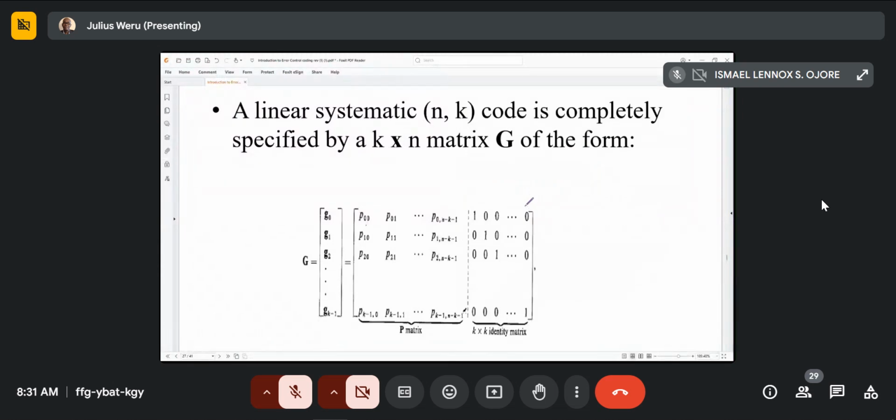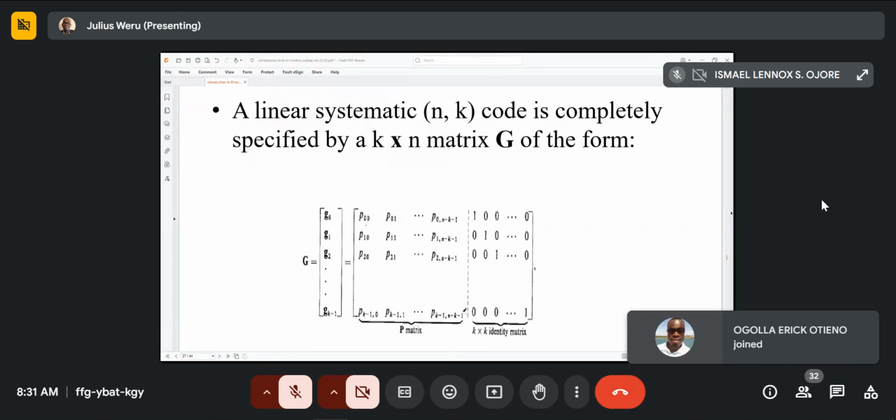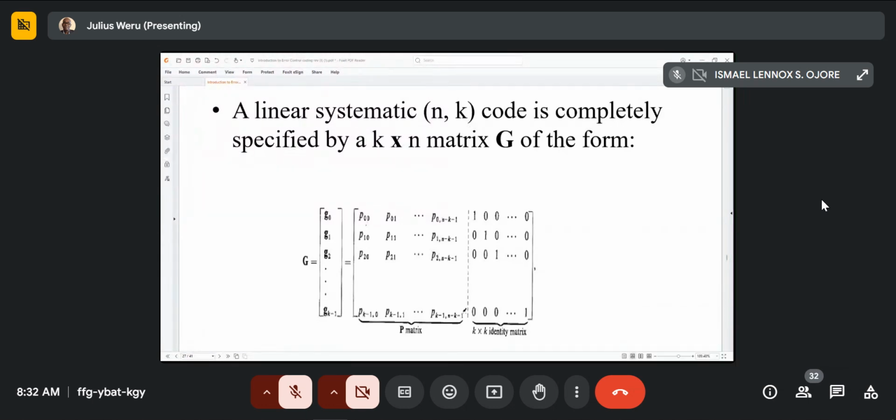Now, error checking matrix for our case, for a linear, because we are dealing with a linear here. Linear systematic codes are not the only codes. There are some codes which are nonlinear. They can still generate a code, but they are more difficult to deal with. There are codes which are cyclic. There are codes which are linear and cyclic. There are codes that can be linear, cyclic, and systematic.